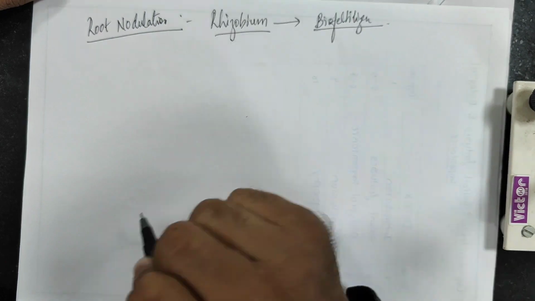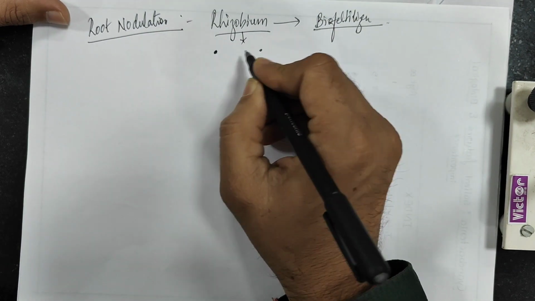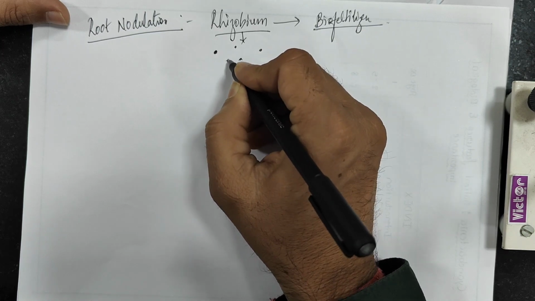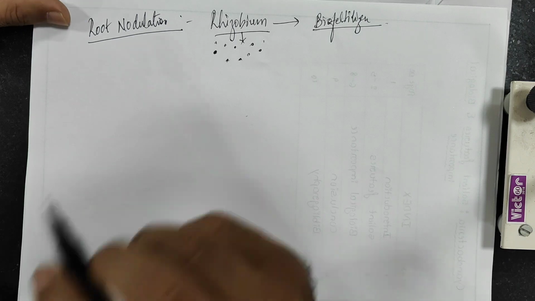So this Rhizobium is abundantly found in soil. You can isolate this from the soil.